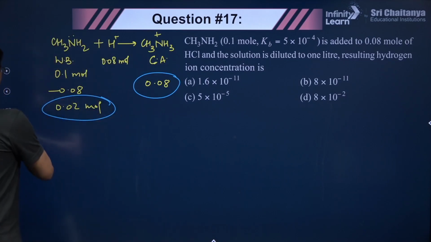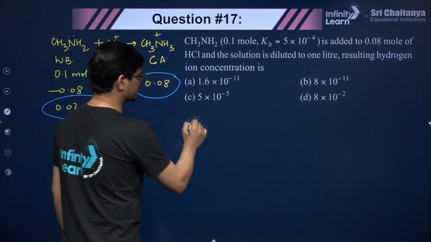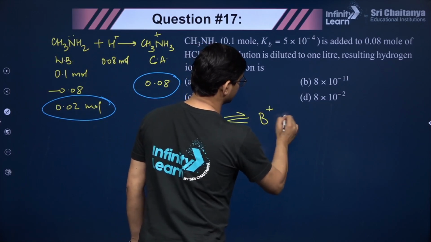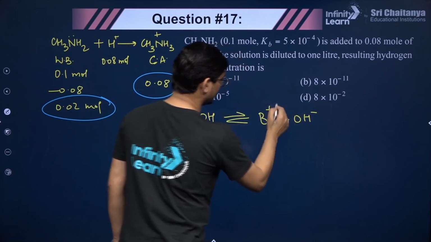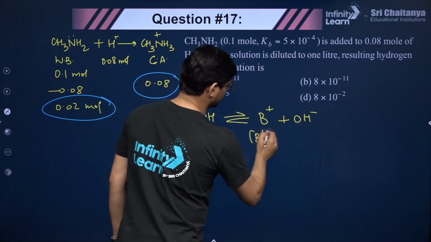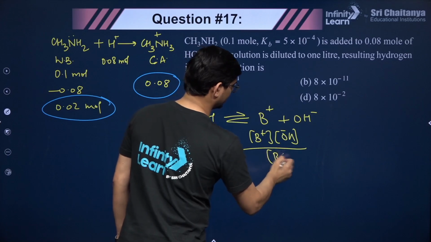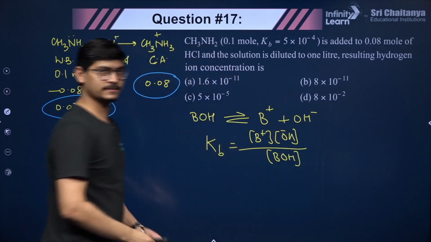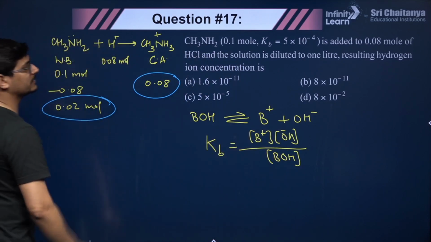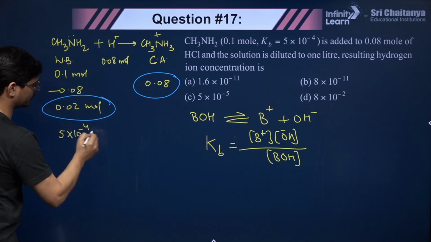Now please remember that for any base, BOH gives B plus and OH minus, we can always write the base dissociation constant Kb as B plus times OH minus divided by BOH. So Kb is given for methylamine, that is 5 into 10 raised to the power minus 4.